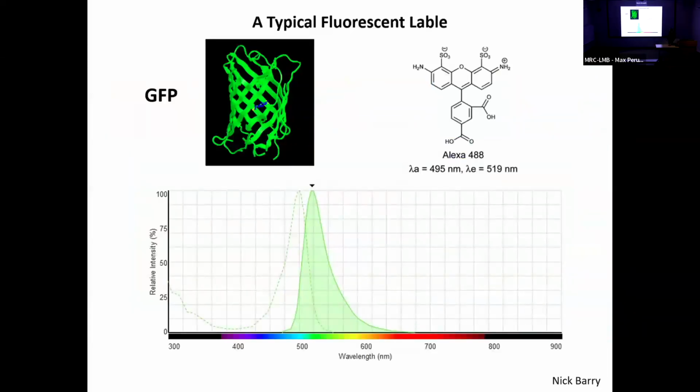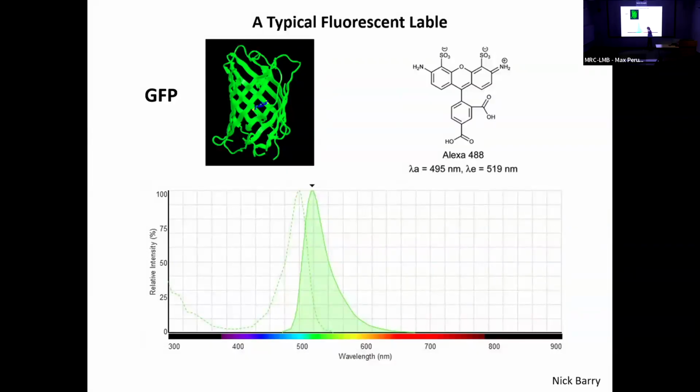How does it work? We've got some fluorescent object, either a small molecule dye like Alexa 488, which is the structure there. That's somewhat below a nanometer in diameter. Or green fluorescent protein. That barrel is about 4 nanometers across, of the order of that size.